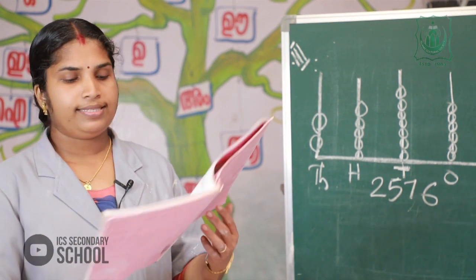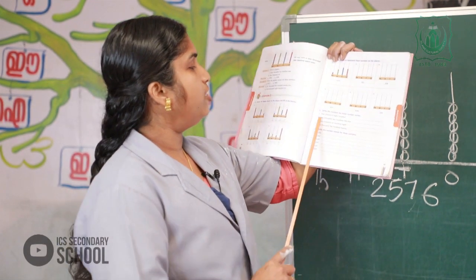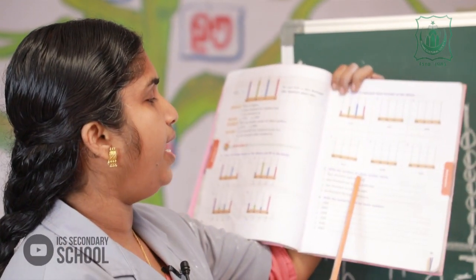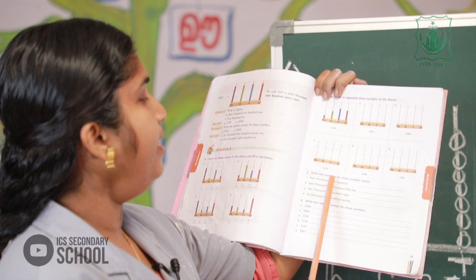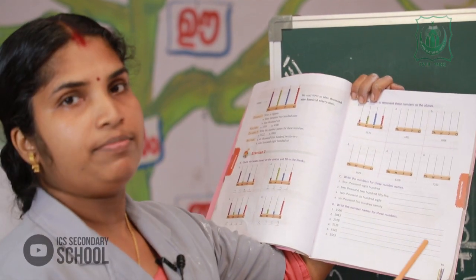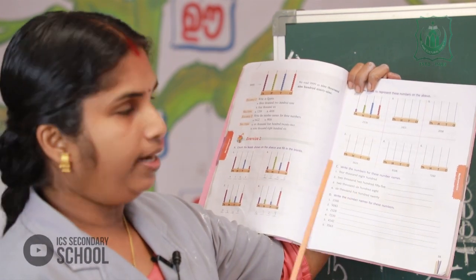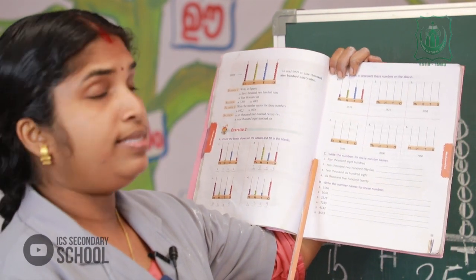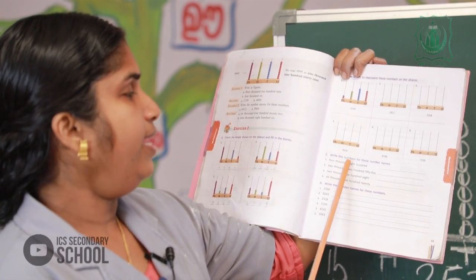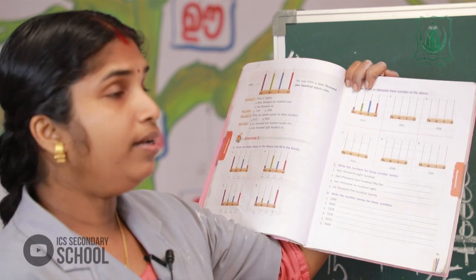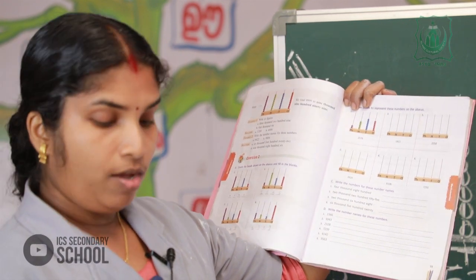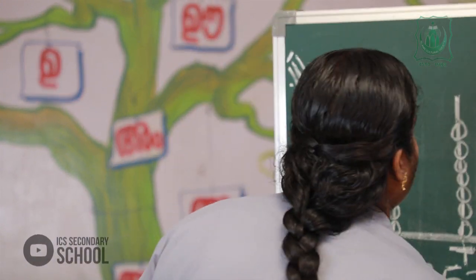First one, exercise 3. Please note the exercise. Exercise C. Write the numbers for these number names. Okay, first one.